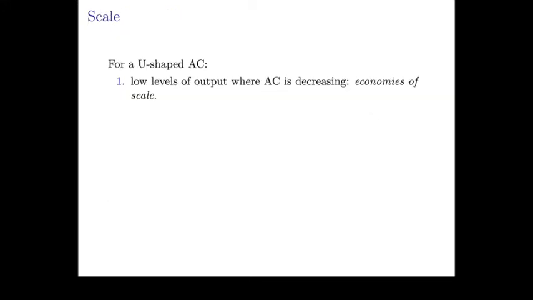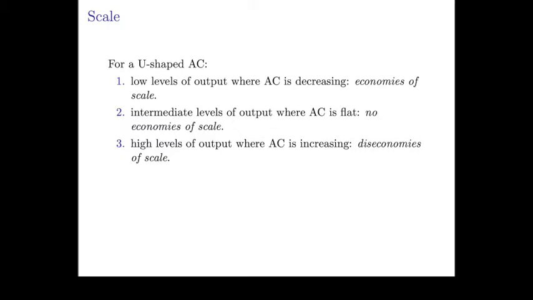So if you have a U-shaped average cost curve, then at low levels of output, where the average cost is decreasing, you have economies of scale. At intermediate levels, where the average cost curve is flat, you have no economies of scale. And when the average cost curve starts going up, so when you have increasing average costs, then you have diseconomies of scale.